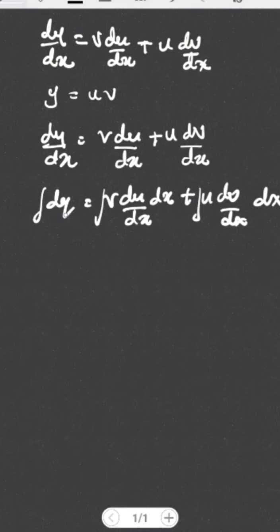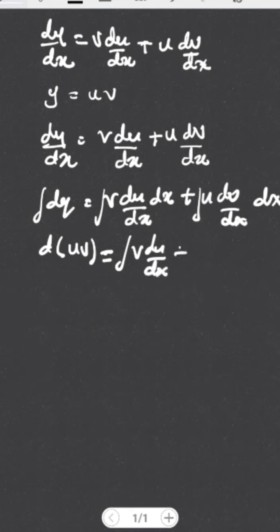So out of that, if you remember, this is the integral of d of y, which is uv, equal to the integral of v du/dx dx plus the integral of u dv/dx dx.